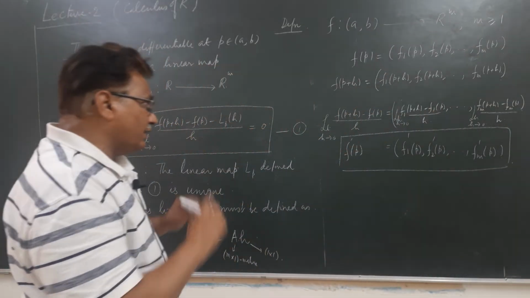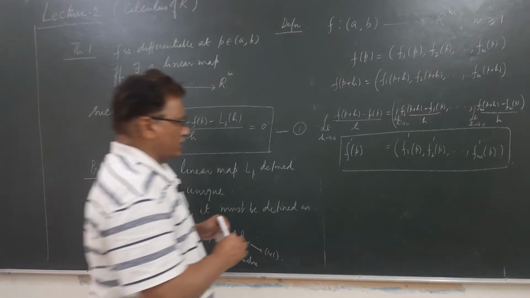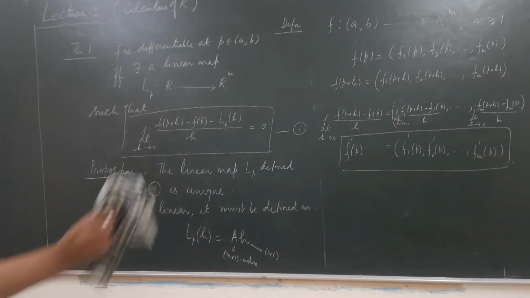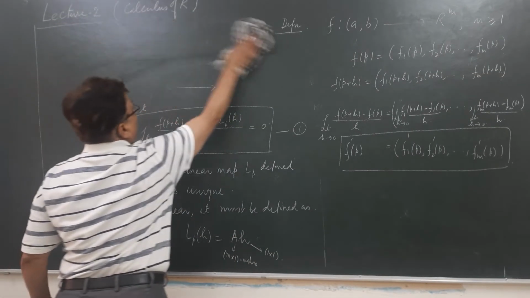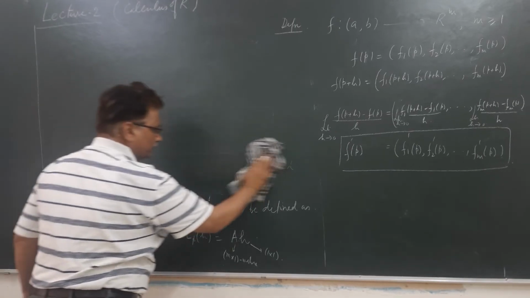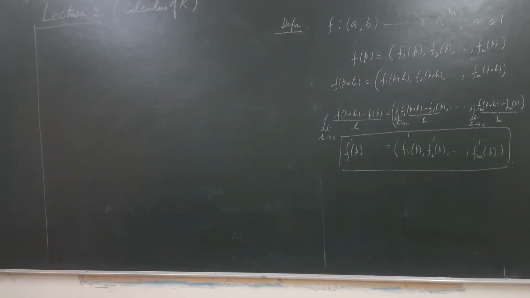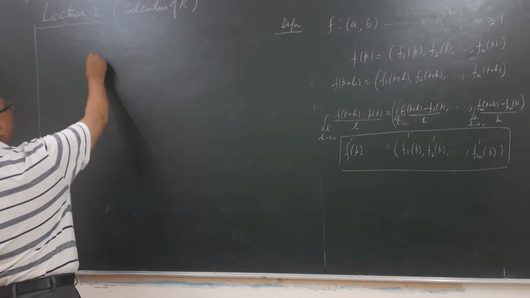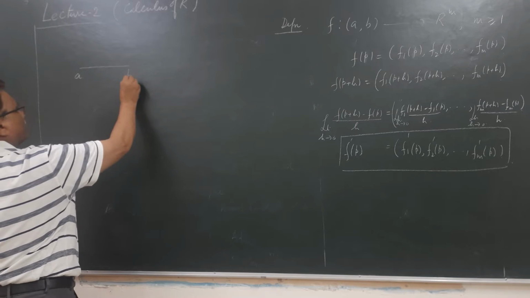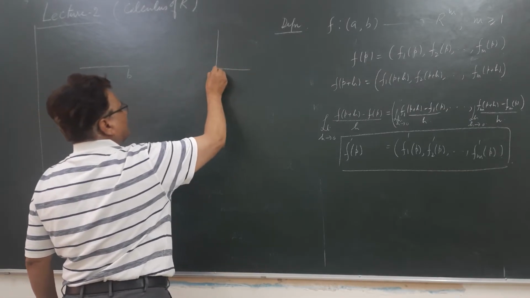Now, if you want to see this vector f dash p, you can see it. Suppose, let me draw the graph over here. So, I am considering functions from an interval to Rm. So, let me draw an interval (a, b) over here, and suppose this is R3.